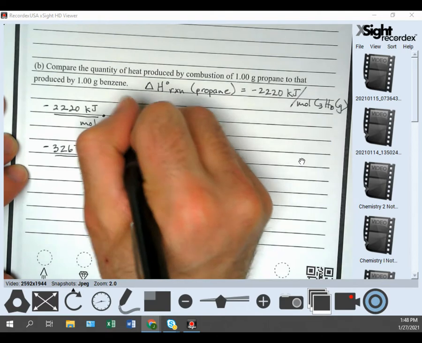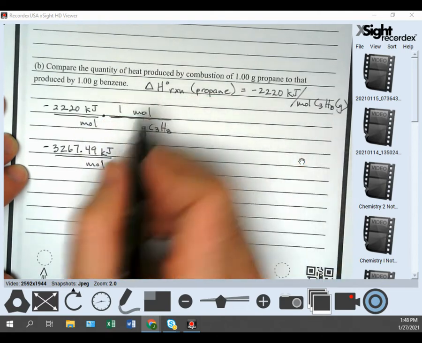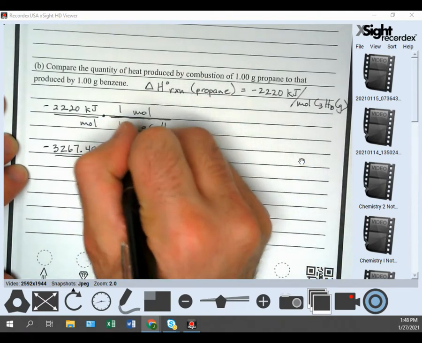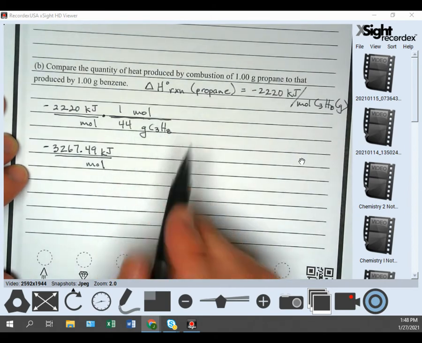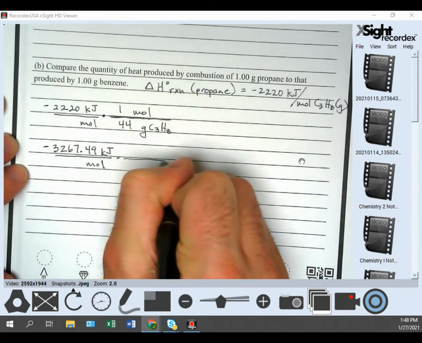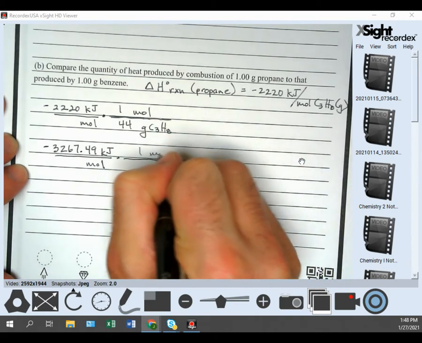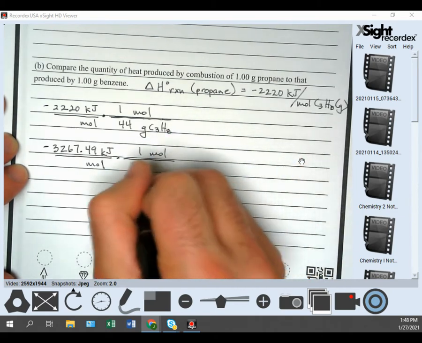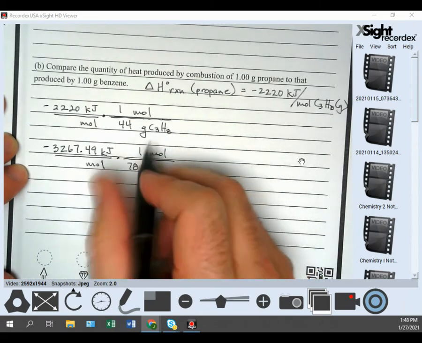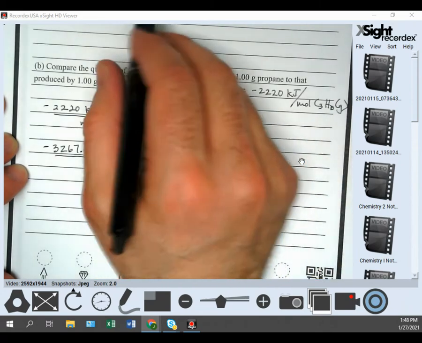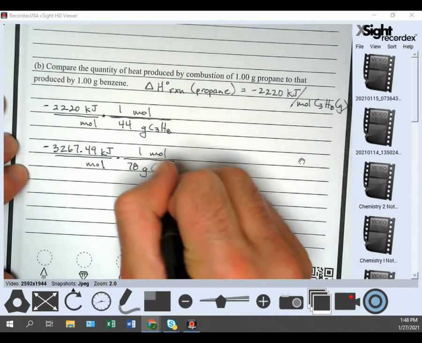So it's 1 mole and it's 44 grams. That comes from the molar mass of the C3H8. And then we're going to convert moles to grams of C6H6, right? Yeah, C6H6.